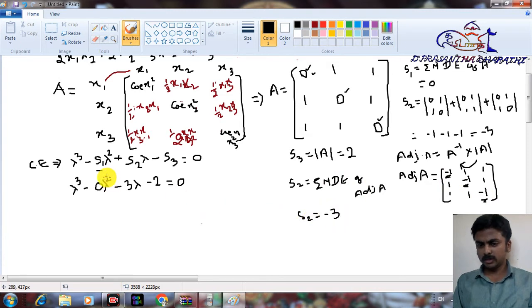So our S2 is correct, our S1 is also correct, and our S3 is also correct. Our characteristic equation is completely right.